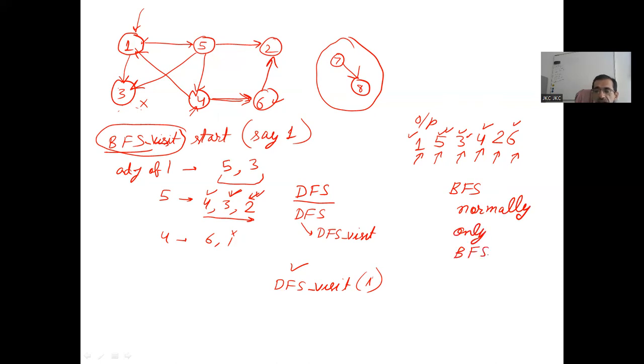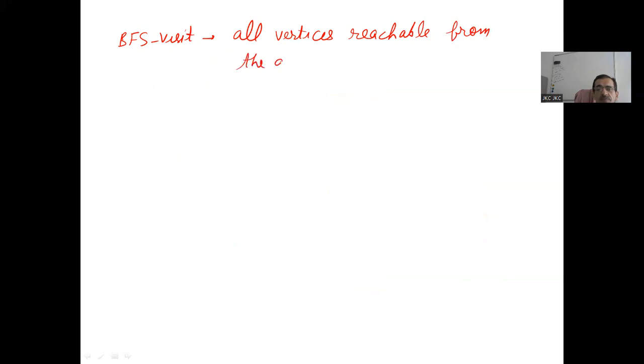Why? I'll explain. There is no hard and fast rule, but normally only BFS visit is used. And you have already seen BFS visit will effectively cover all vertices which are reachable through outgoing edges from the given source.